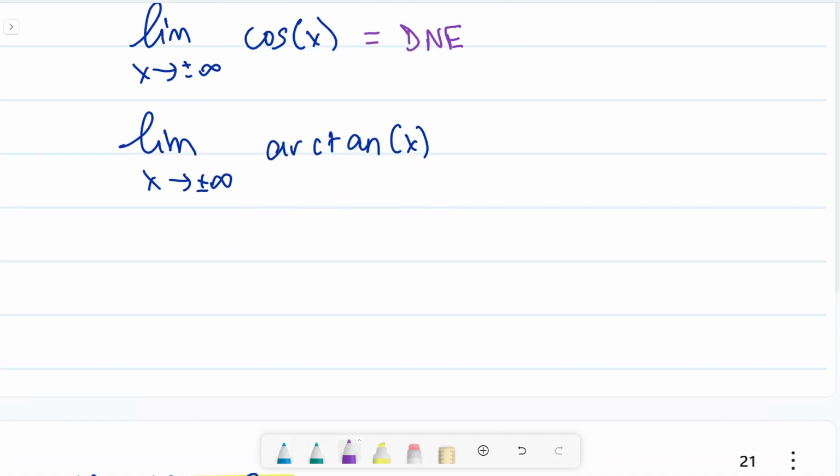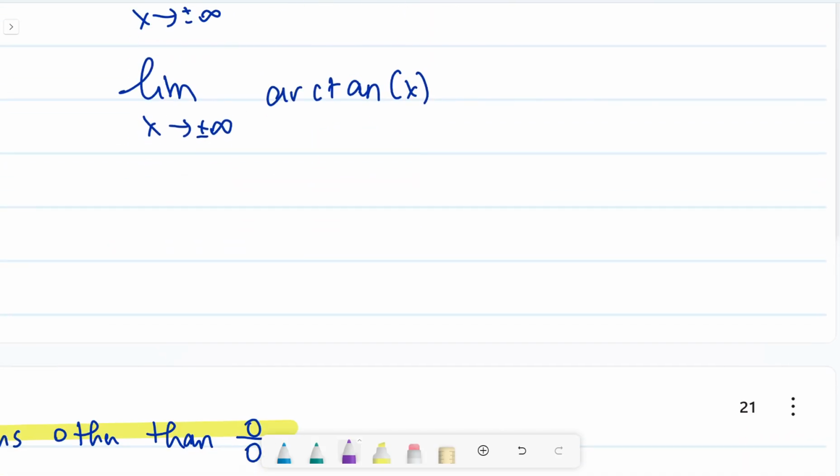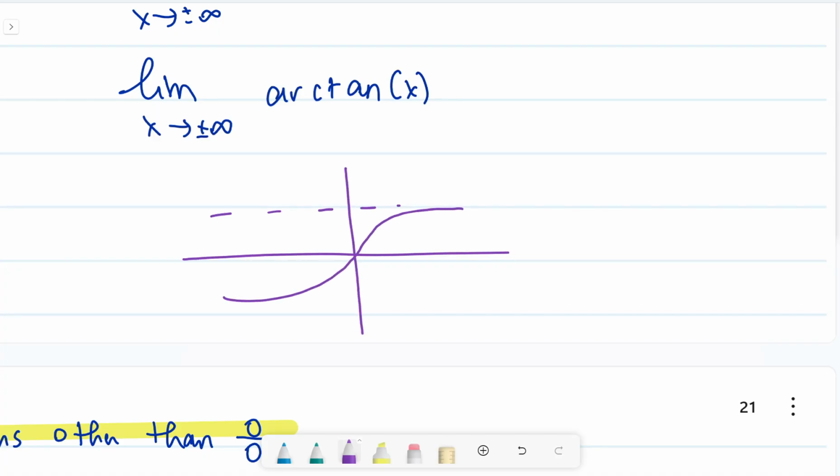Now let's look at arctan of x. Again, let's graph arctan of x. You will get a graph that looks like this. We have an asymptote at pi over 2 and at negative pi over 2. As we approach infinity, the graph will keep on approaching pi over 2 but will never touch it, though it gets really, really close to it.